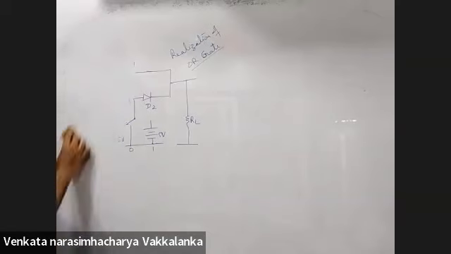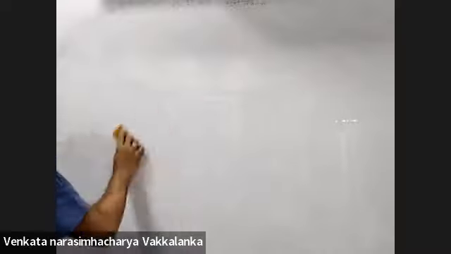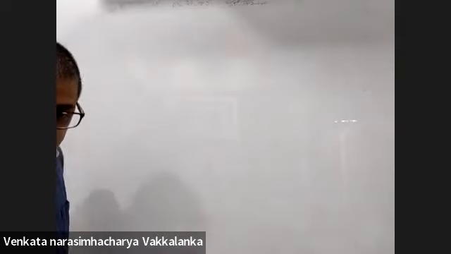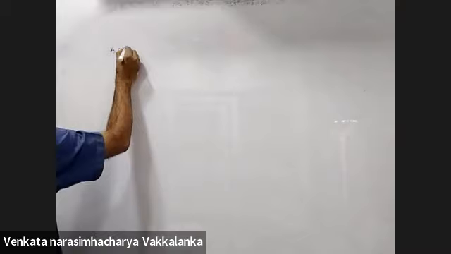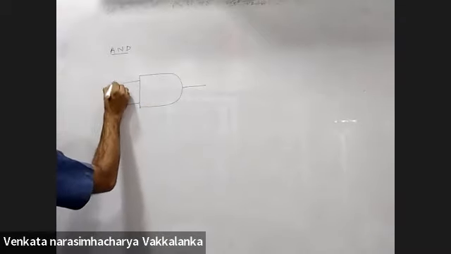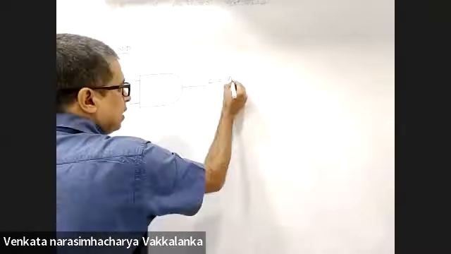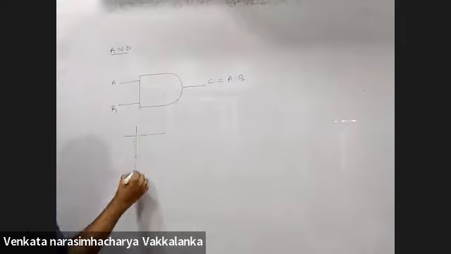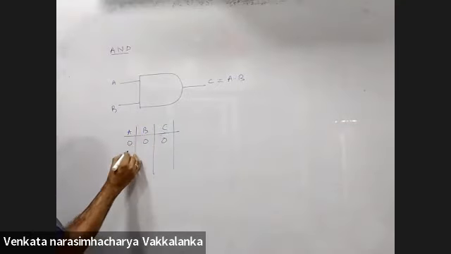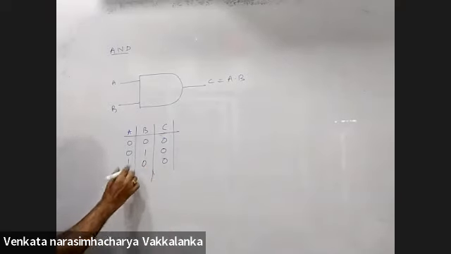Done, sir. AND gate. A, B, C. Right? AND gate will be A dot B. Truth table: A, B, C is output. 0, 0 will be 0. 0, 1 will be 0. 1, 0 will be 0. 1, 1 will be 1.